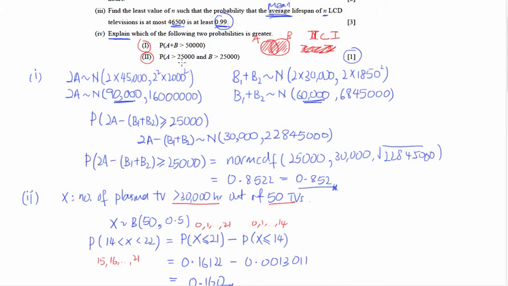In other words, if this were to be true, then this will have to be true. This is a smaller set than this, and this is a subset, and therefore we understand that part 1 will be the greater probability, simply because part 2 is a subset of part 1. So for 1 mark, I think this is good enough.